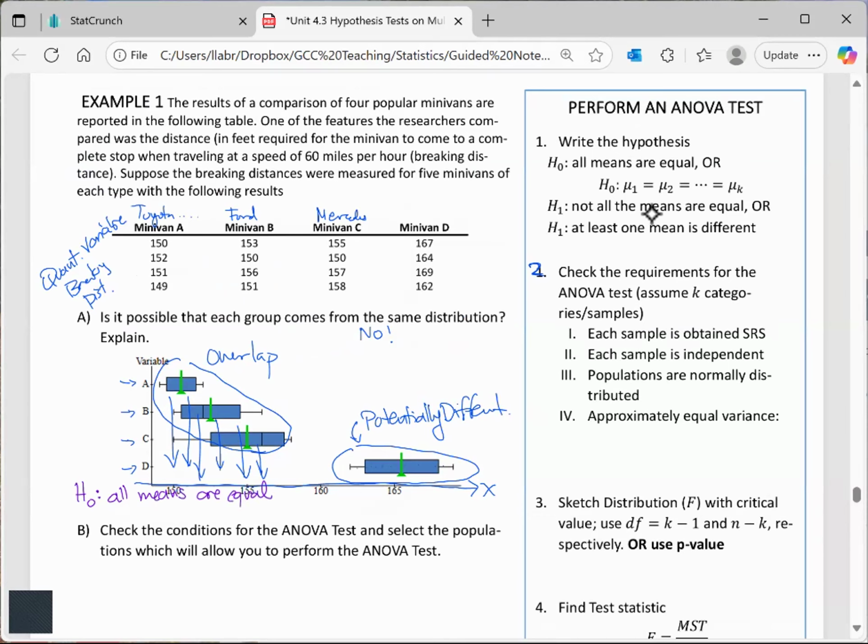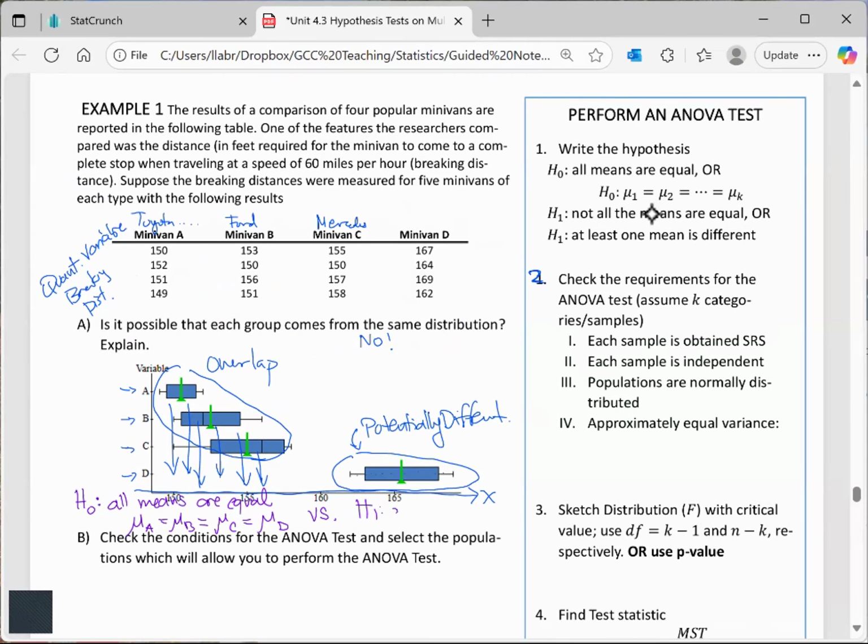Or you can write that mu A, the average for A, is the same as the average for B, the same as the average for population C, the same as the average for D. And we compare that to the alternative, which is that at least one mean is different. So my null hypothesis is that all means are the same. The alternative is that they are not the same.